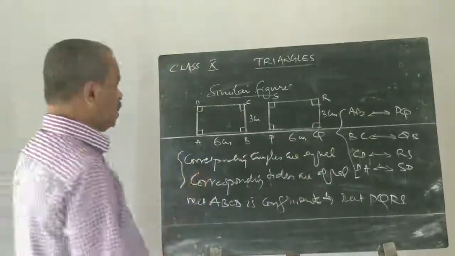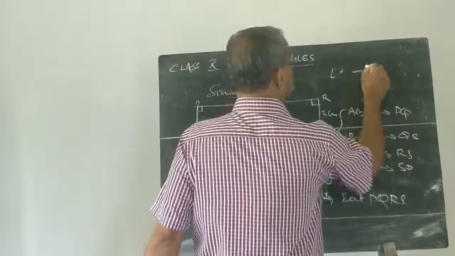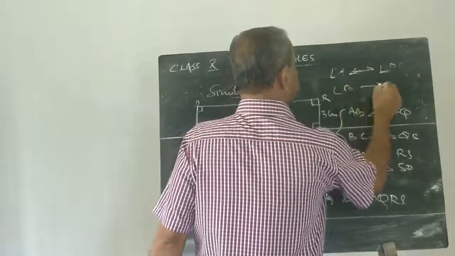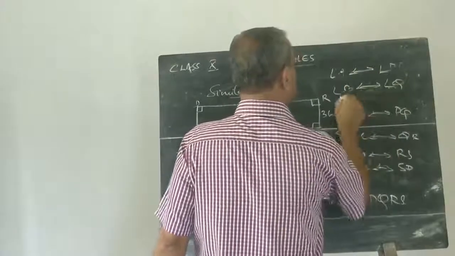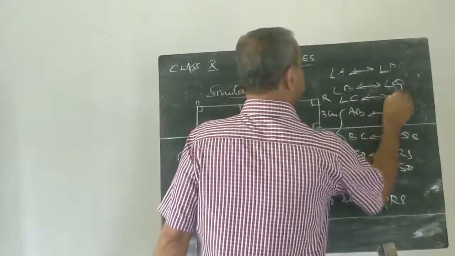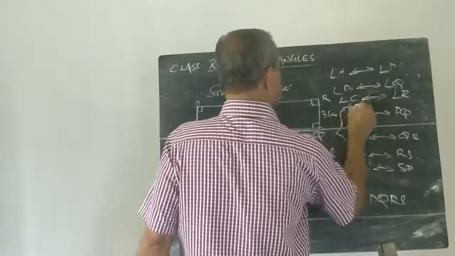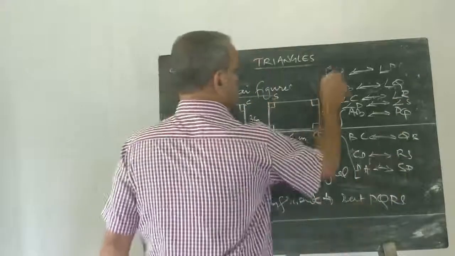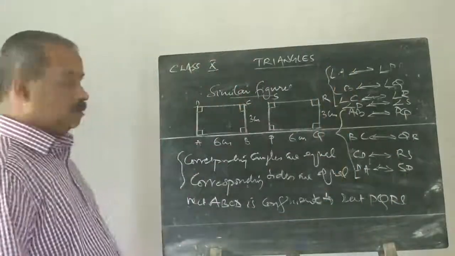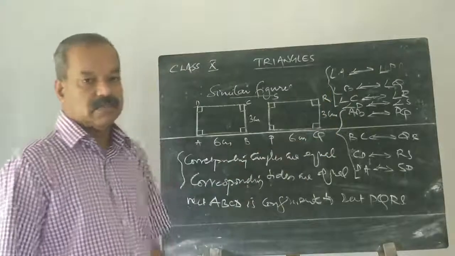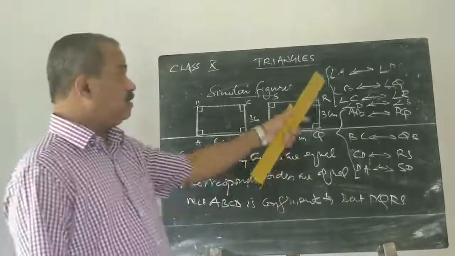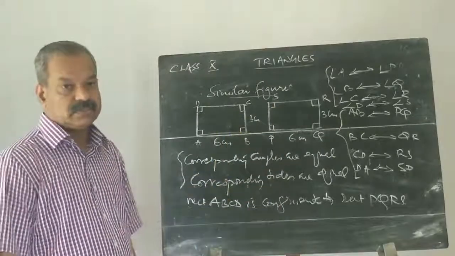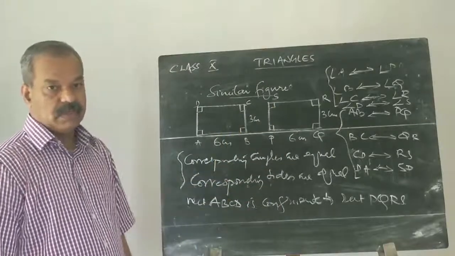What are the corresponding angles? Angle A corresponds to angle P, angle B to angle Q, angle C to angle R, angle D to angle S. All the corresponding angles are equal. Corresponding sides are equal, corresponding angles are equal. Figures having this property are called congruent figures.